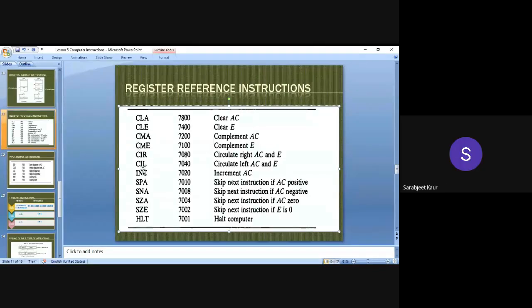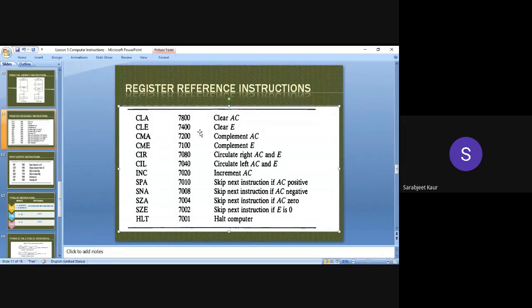Next is complement AC. Now, what is complement? This is something that we are going to be talking about in a theory lecture. Since I told you that I'm taking this chapter much in advance than it should have been dealt with, we are missing some concepts here.